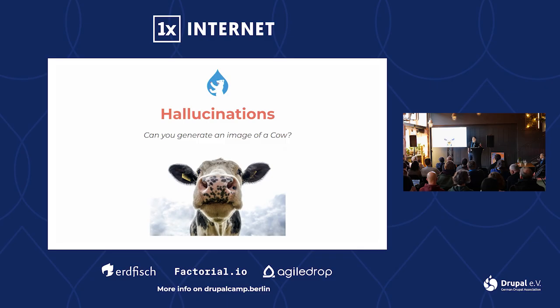And if you think, for instance, about the word made up or making up stories, this can have 2 meanings, of course. Something that's very negative when you're talking about facts, because if you're asking who created Drupal, you don't want it to make up something, right?